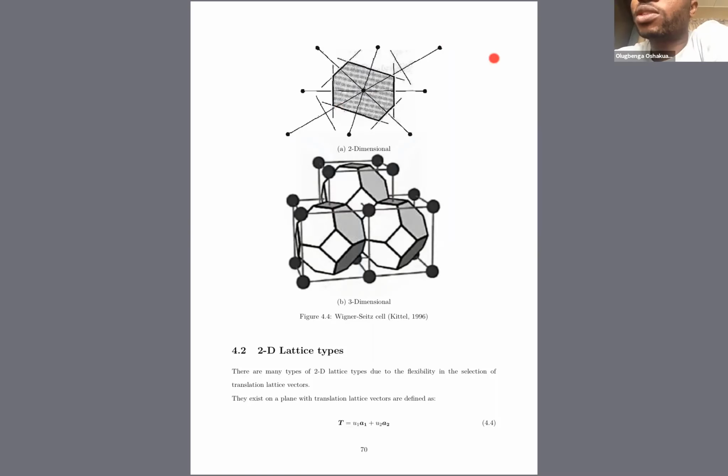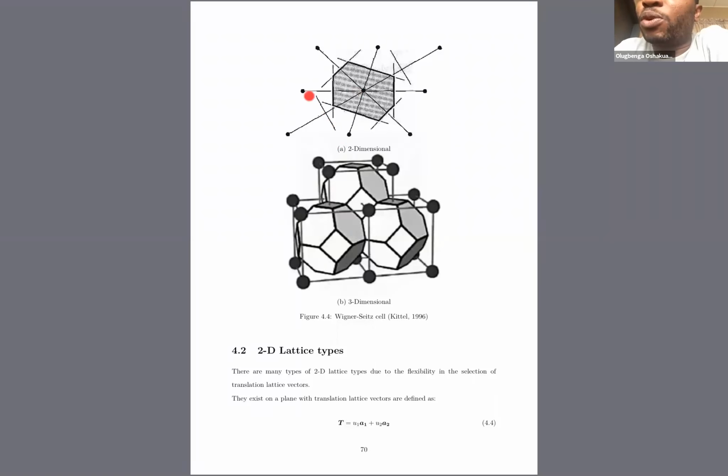A way to go about it is to say that from this point, the nearest neighboring lattice points are this 1, 2, 3, 4, 5, 6, 7, 8. Between the central point and the first one, we find the midpoint of each of them. Like this one, from this point to this point, this is the midpoint, and at the midpoint we insert a perpendicular bisector.